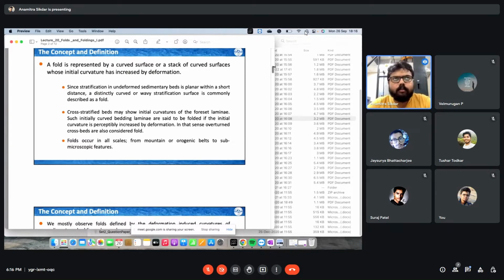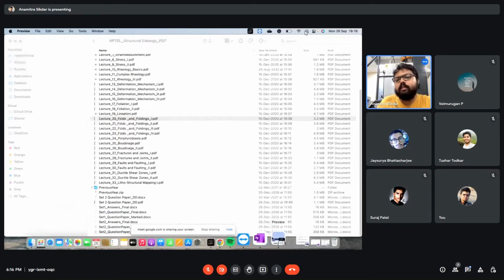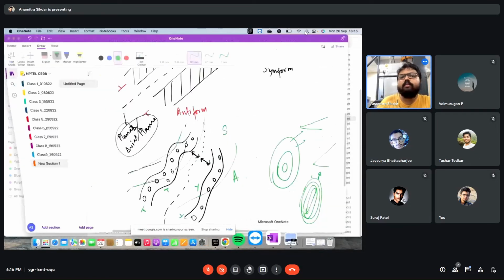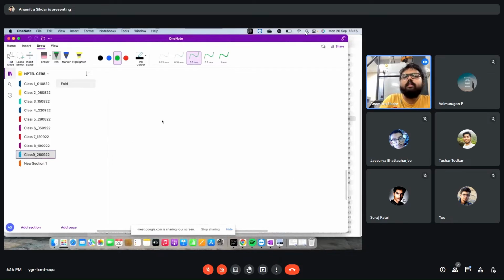For example, are you familiar with this term, cross stratification? Have you seen those in the field? It appears something like that: truncated top and asymptotic bottom.